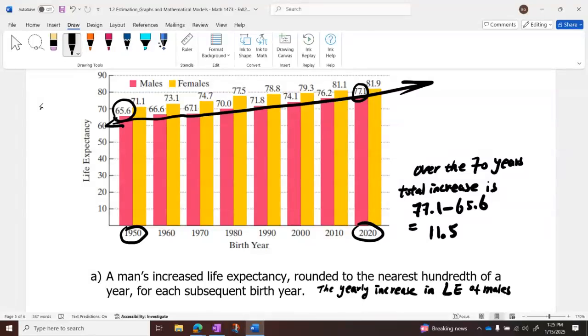Then how do we find the average yearly increase in the life expectancy of male? This is the increase over the 70 years, but we are not looking for the total increase over the 70 years. We are looking for the average yearly increase. What should we do?